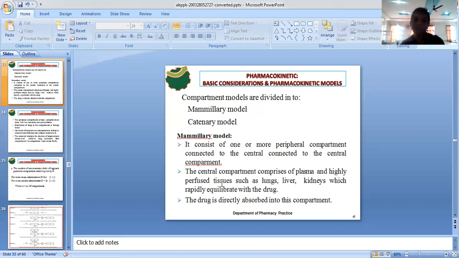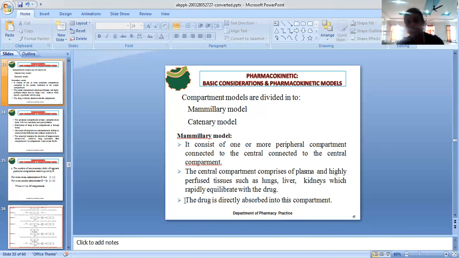Drug absorption takes place directly into such a compartment. When the drug is administered into our body, first the entire drug enters the plasma, and then, where the blood flow is higher, the maximum amount of the drug reaches that tissue.